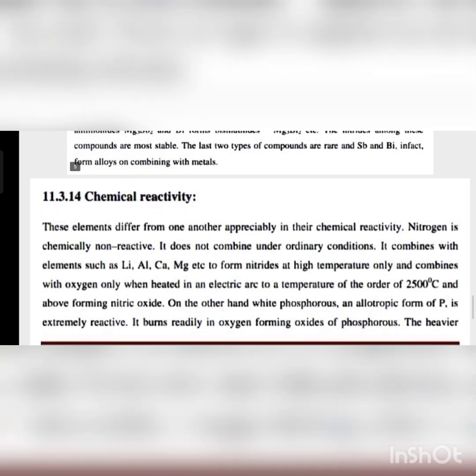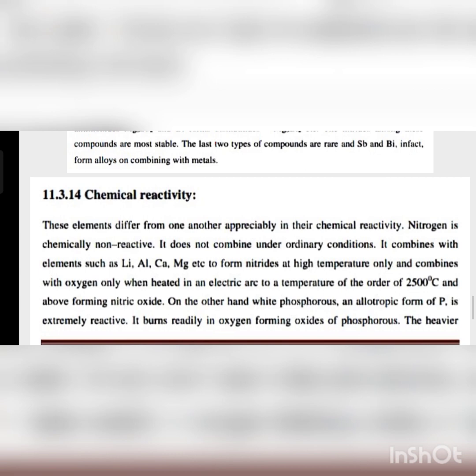Chemical reactivity. These elements differ from one another appreciably in their chemical reactivity. Nitrogen is chemically non-reactive. It does not combine under ordinary conditions.